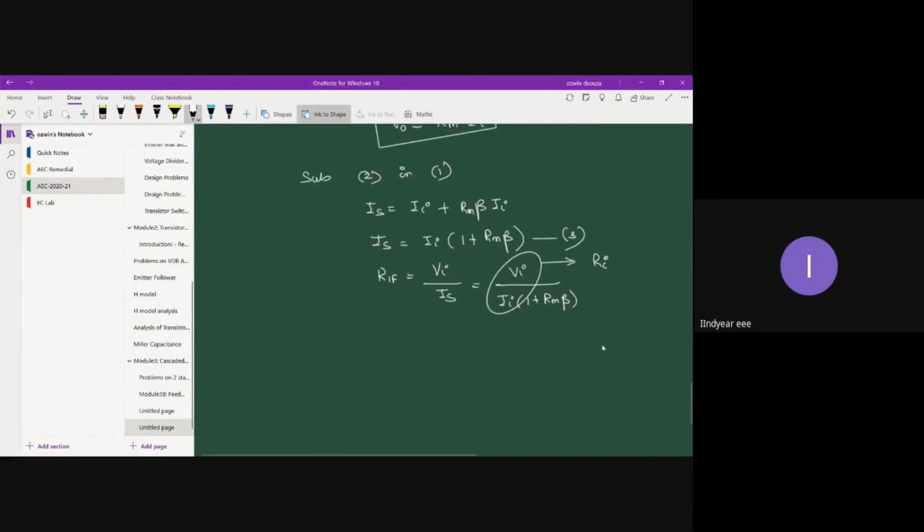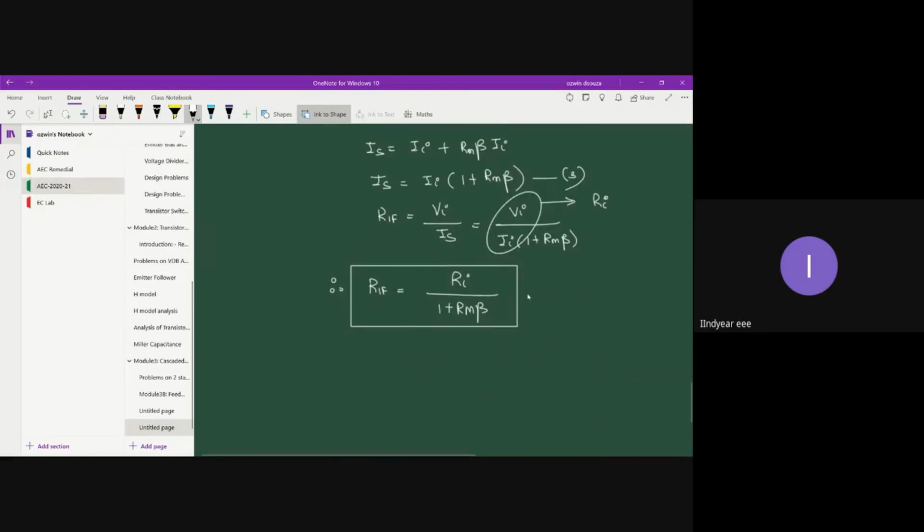Input voltage by input current is equal to input resistance. So therefore, RIF, that is the input resistance with feedback, is equal to input resistance without feedback divided by 1 plus gain times the feedback factor.